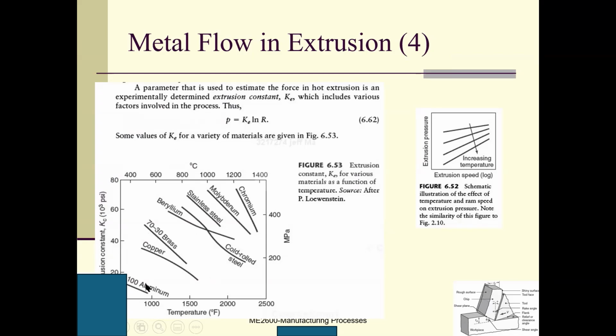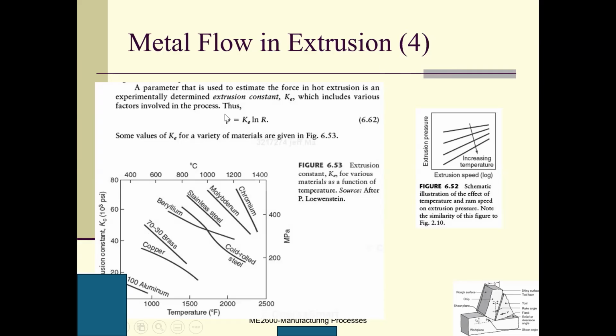You can see that for the same material, Ke decreases as the temperature increases. This is understandable, right? If the temperature is high, less energy will be required for the extrusion. Do you agree? The higher the temperature, the softer the material will be, and as a result, less energy will be required for finishing the extrusion.